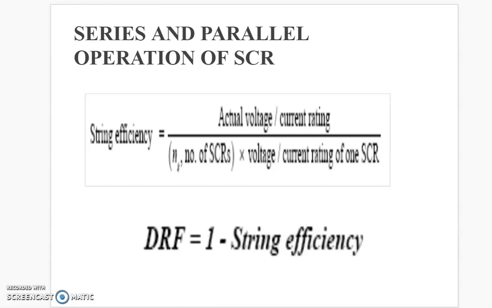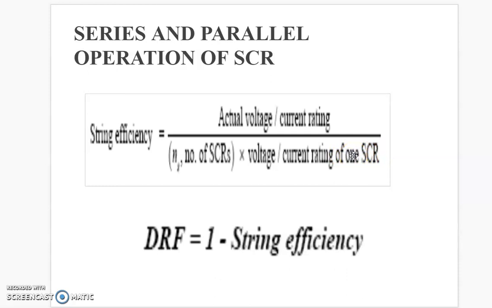You need to know the difference between the actual voltage and current rating and the normal voltage and current rating. The actual voltage and current will be given in the question, that is the operating voltage or current. And the voltage and current rating of one SCR is the rating of the SCR.